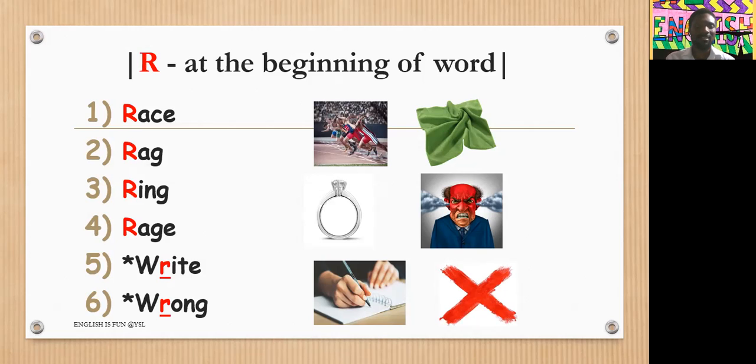Now let's take a look at the next word, which is right. You can see that this word begins with W as a letter, but the W is actually cut out. So you are not going to pronounce the first letter W there.